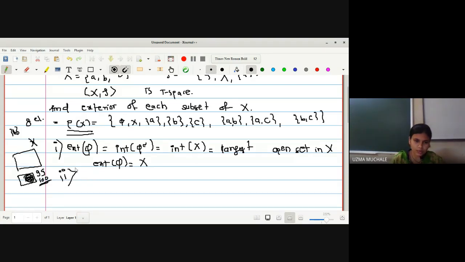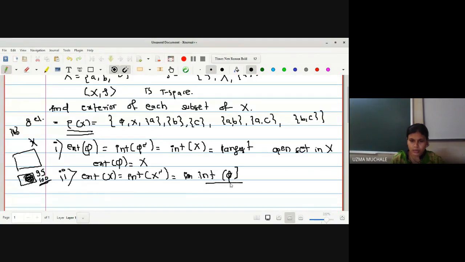Okay, let us now find the exterior of X. The exterior of X is the interior of the complement of X, because the definition of the exterior of A is the interior of A complement. Now the interior of X complement is the largest open set contained in X complement. What is X complement? It is the empty set.